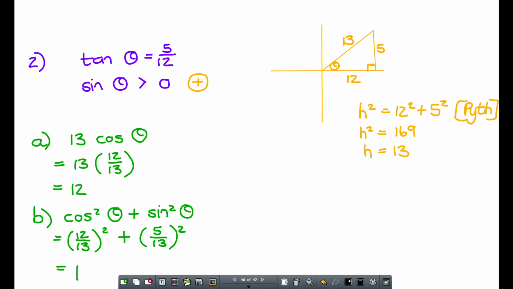Okay, so dan moet jy onthou van jou struktasie, so dis hoe ek weet hoe my driehoek lyk. We said the angle will always be here at the origin. 'n Hoekie is altyd daar by die oorsprong. Nou, tan theta is 5 op 12. So tan is mos oorstaande, daar is my 5, op aangrensend, daar is my 12.